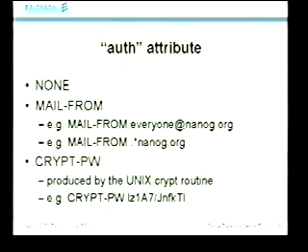This is actually a regular expression match. So an example is mail from everyone at nanog.org, or mail from .*@nanog.org. This is being deprecated in some registries. I would say to you, don't do it. I would call these authentication methods, but in double quotes.